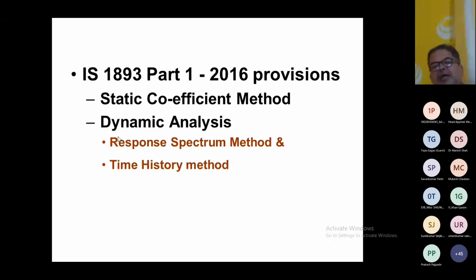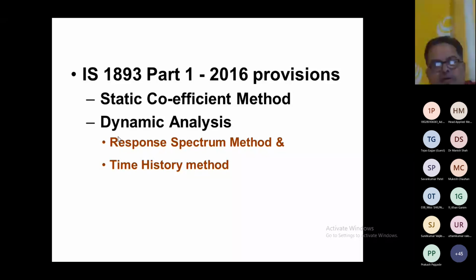So IS 1893 Part 1 2016 is saying that you can perform two types of analysis: the static coefficient method, or the dynamic analysis. In dynamic analysis we have different types of methods: the response spectrum, modal analysis, time history analysis. But the code has actually included two methods: the response spectrum method and the time history method, right?